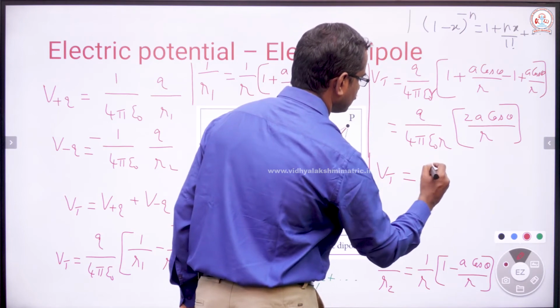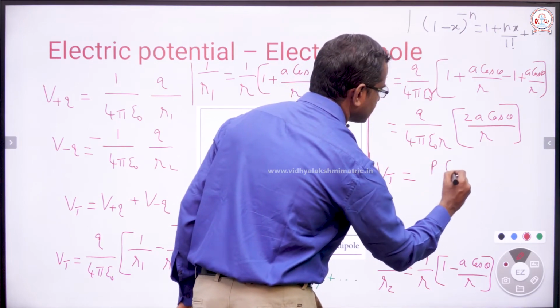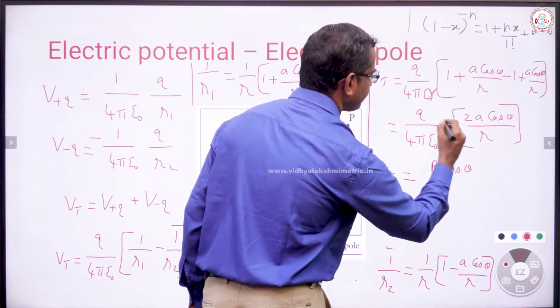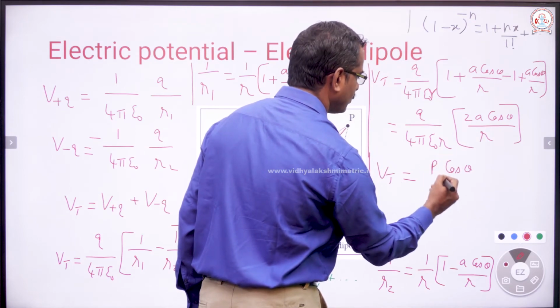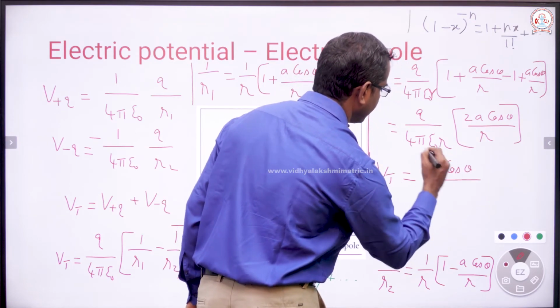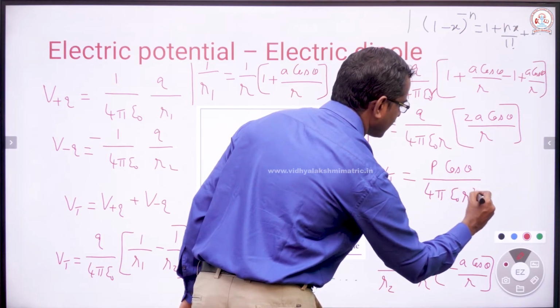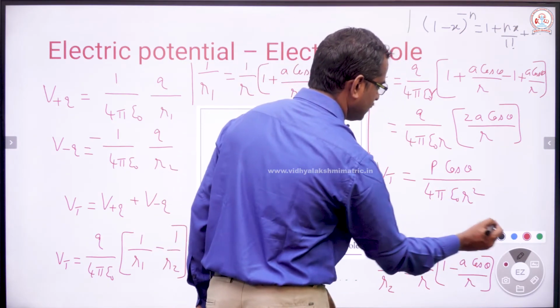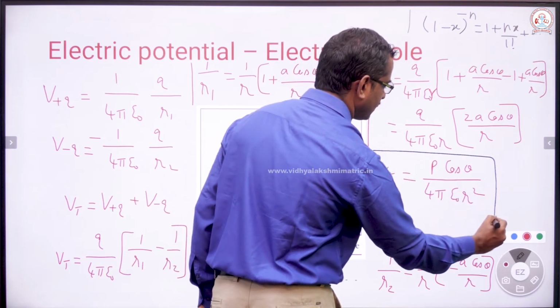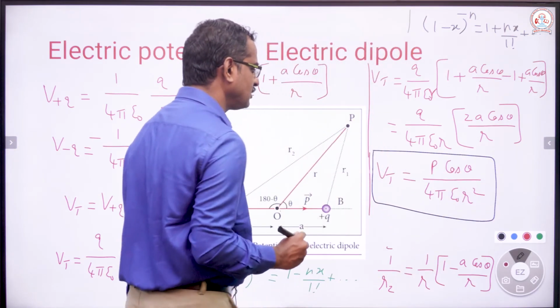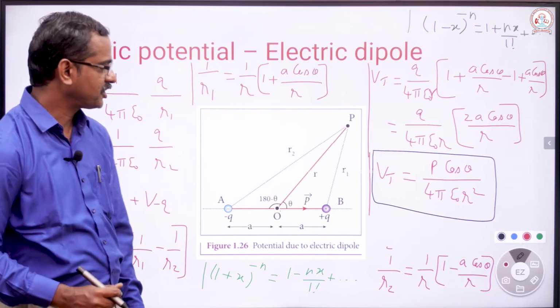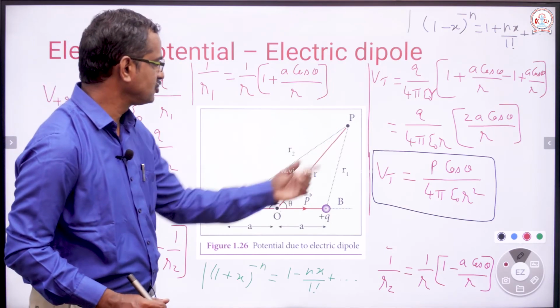So that is equal to p cos theta divided by 4 pi epsilon naught r square. So this is the equation to find the electric potential at a point P due to an electric dipole.